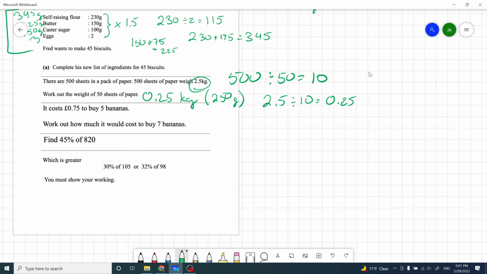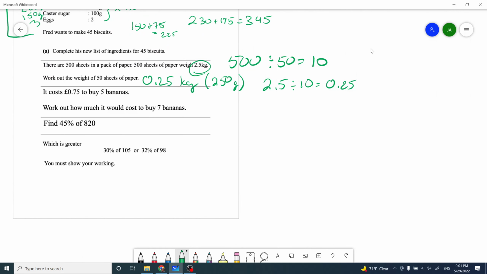Okay, let's go ahead and scroll down. We're almost done. It costs 75 pence to buy 5 bananas, so we want to figure out how much it would cost to buy 7 bananas. So we're going to figure out how much we pay for 1 banana. So 0.75 divided by 5. This is going to give us what? 15, right? 0.15 rather.